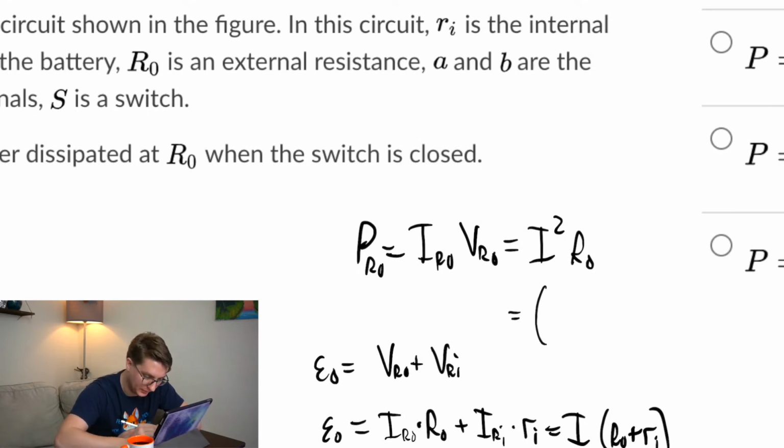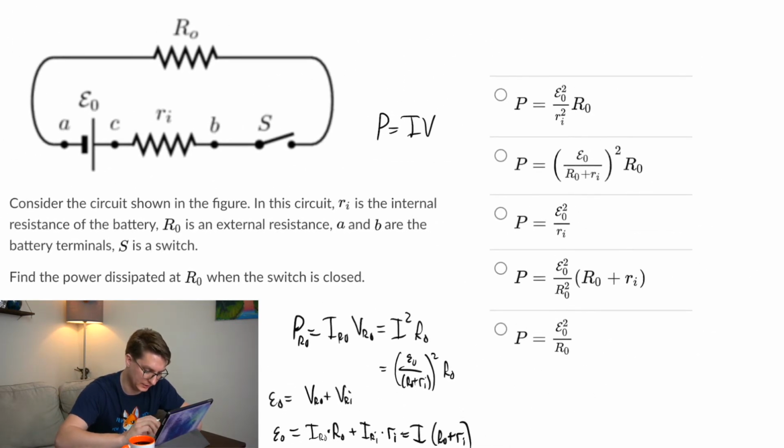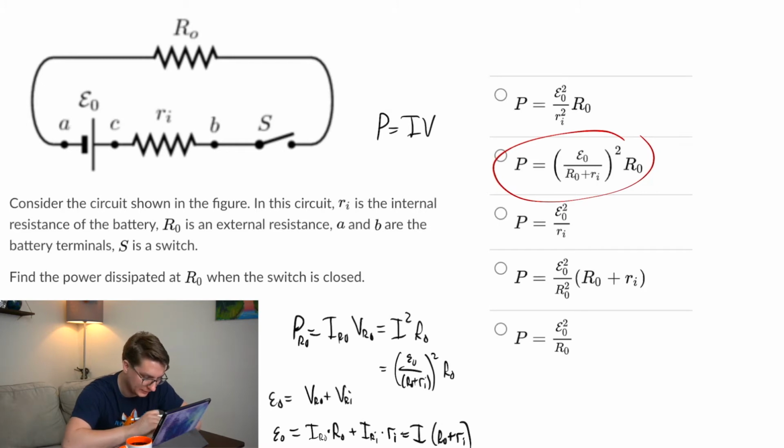So it's going to be E naught over R naught plus Ri, that gets squared, times R naught. Okay, are there any of them that look like that? There are, so this one is exactly that. So I think that's going to be our answer here. I think that makes sense.